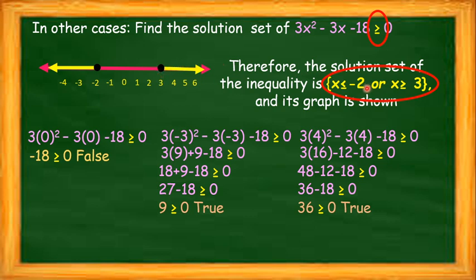Since they are separate or apart, this can be shown as x less than or equal to negative 2, all numbers here, and the numbers here can be represented by x greater than or equal to positive 3. Okay, so here is the solution.